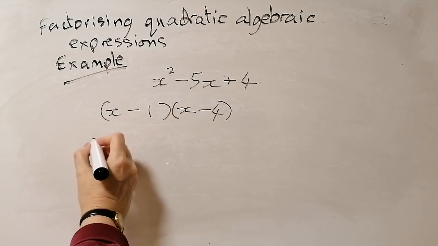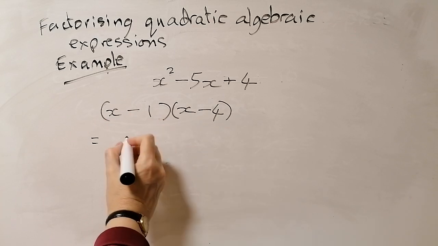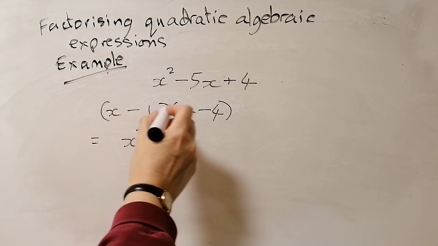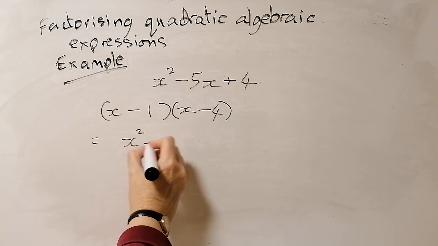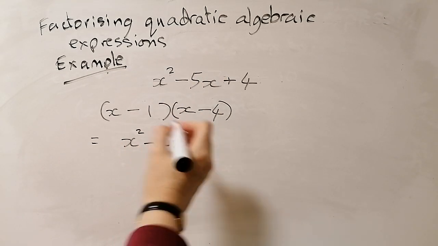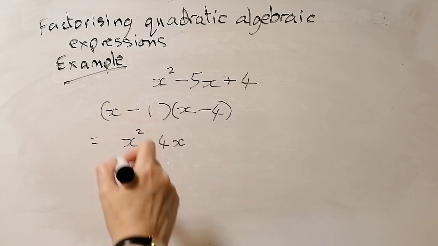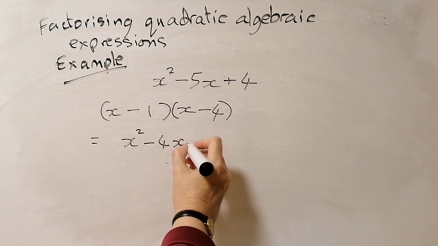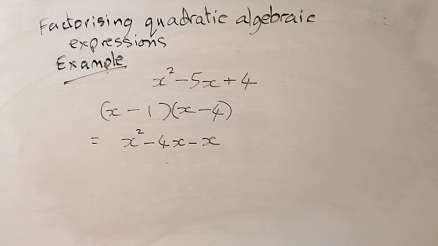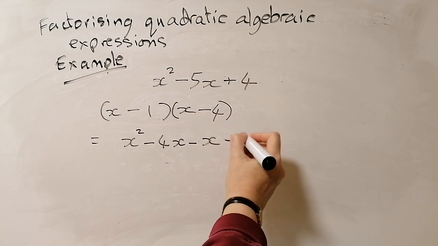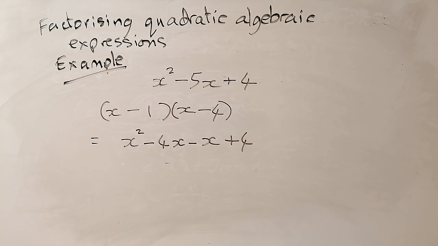So x times x, let's do our double check. x times x gives us x squared. x times -4 gives us -4x. -1 times x is -x. Remember, we don't need to write the 1 in there. And then finally, -1 times -4 is +4.